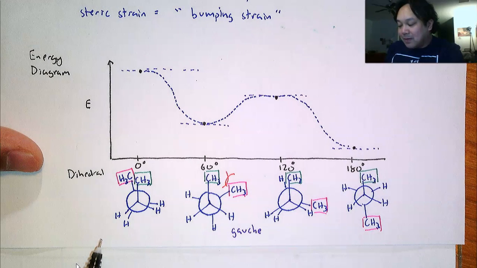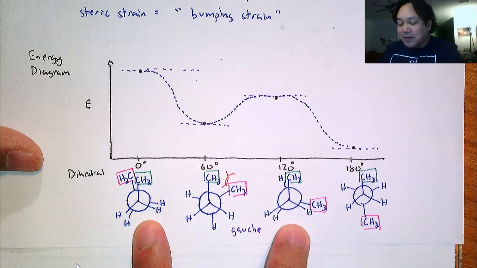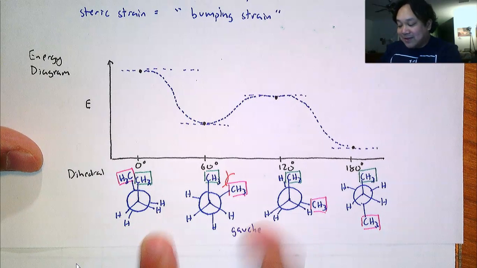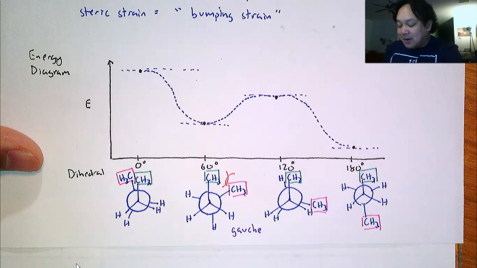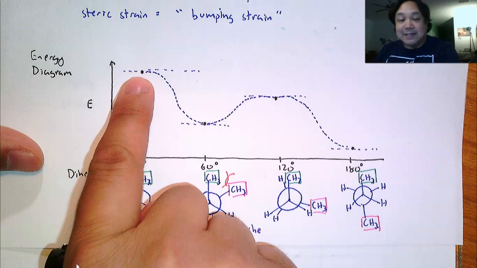Okay? If you replace all of these with hydrogen, which is what would happen with ethane, do you notice that we have the two identical drawings? They're both eclipsed, and it's a hydrogen eclipsing a hydrogen in each case. Okay, so this dot would be on the same level as this dot for ethane.